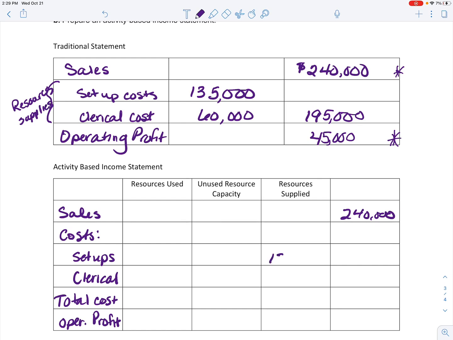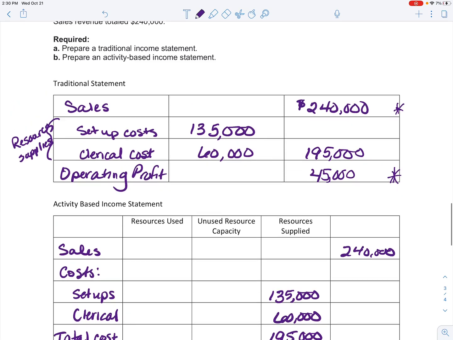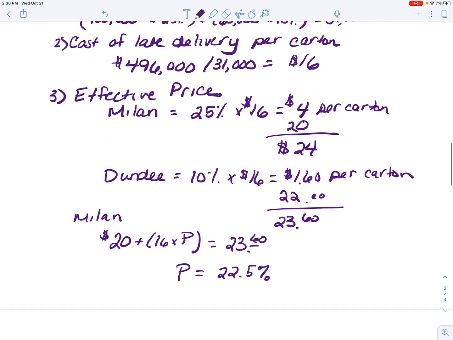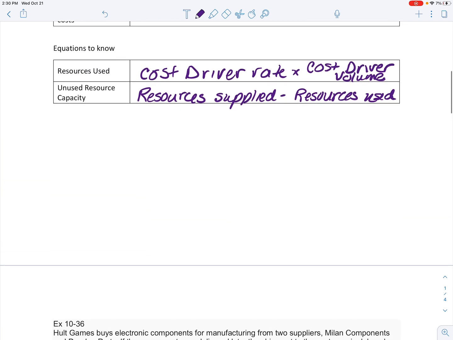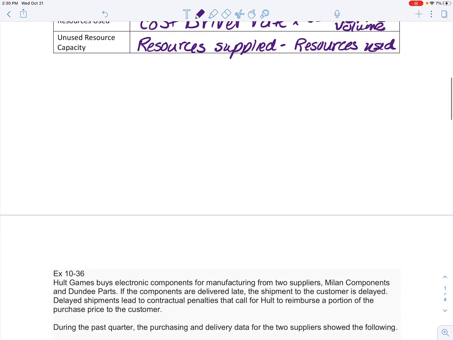So our setups should be $135,000 and our clerical should be $60,000, giving us a total cost of $195,000. The part that we have to calculate is those resources used. Remember, we gave you that calculation all the way up here at the top. We're taking the cost driver rate times the cost driver volume.